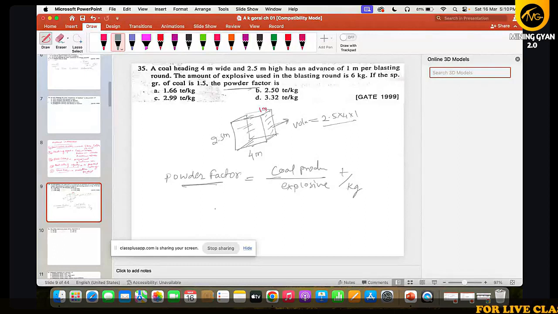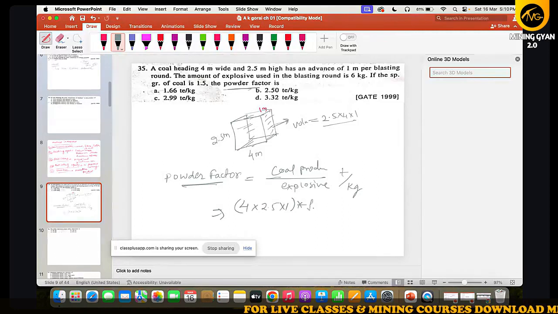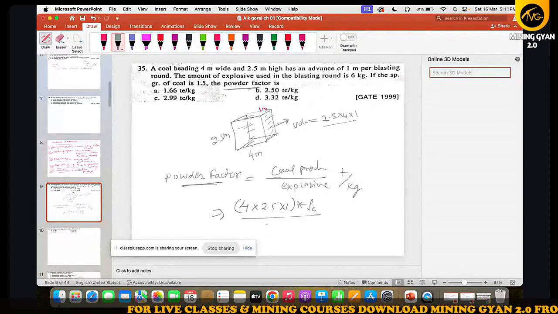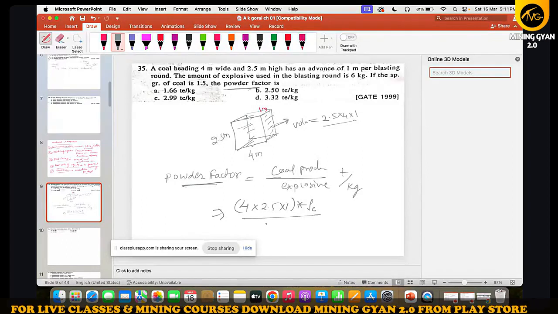So coal production is the volume and density of coal divided by explosive.